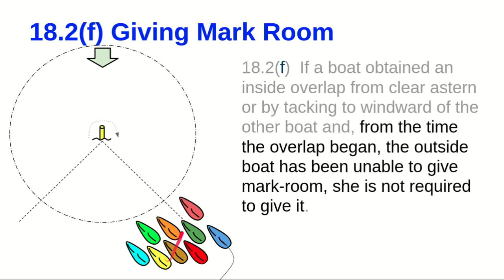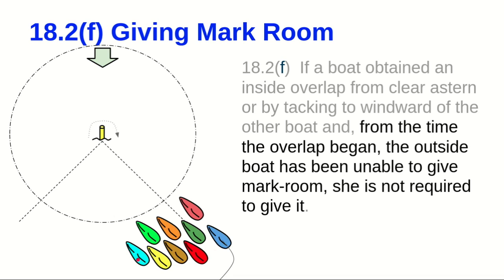But even though they're outside the zone at the moment, when blue established her overlap on green, because she did it from astern and behind, green is unable to give her mark room because of all these other boats out here. So if those boats don't come down, green will not have broken rule 18 because she was unable to give blue mark room.